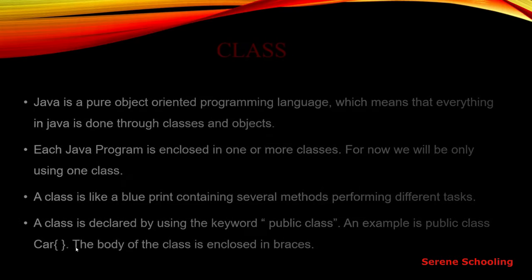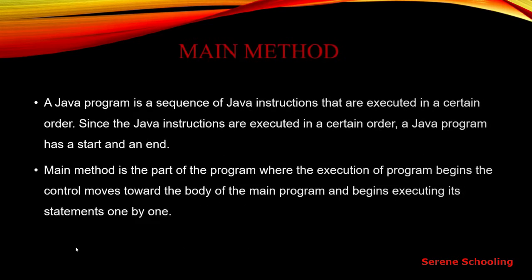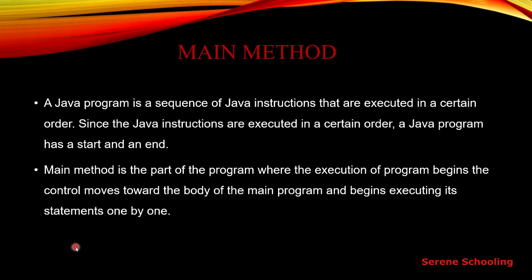Okay. So moving on, we have the main method. As you know, when a program begins, it has to have a start point and an end point, because it can't go randomly. Nothing happens randomly in programming. A program is a sequence of instructions, a sequence of lines given to the computer for performing a specific task.